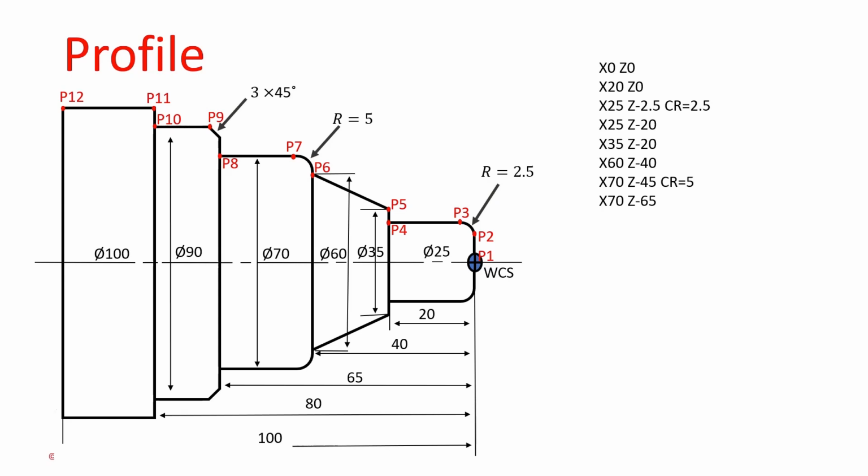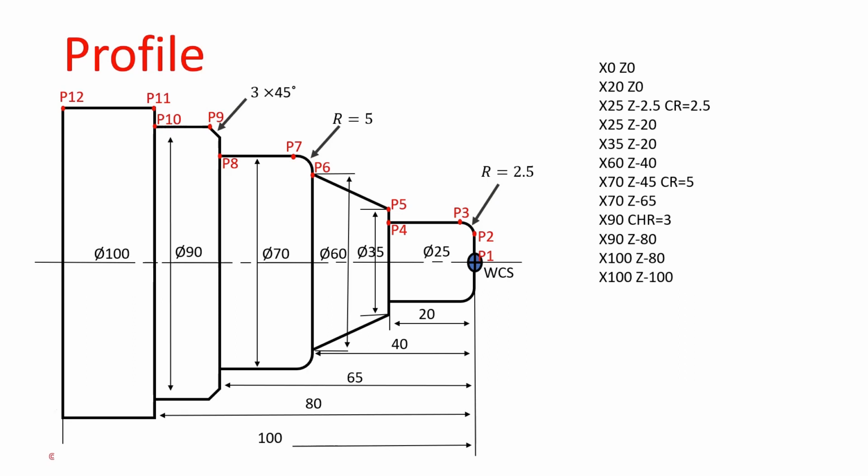That point value is X90, CHR equals 3. At this point, we don't require Z value. Next, P10 point. That point value is X90, Z minus 80. Next point is P11. That point value is X100, Z minus 80. 100 is the final diameter of the component. Last, P12 point. This point value is X100, Z minus 100.